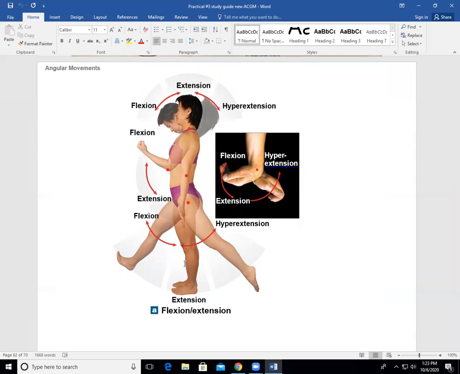Flexion is reducing the angle of the joint. Extension is increasing the angle of the joint, going back to anatomical position. Hyperextension is extending past that point of anatomical position. Same with the hip joint: flexion, decreasing the angle; extension, increasing the angle; hyperextension, going past the anatomical position. Same with the wrist: flexion, extension, hyperextension.